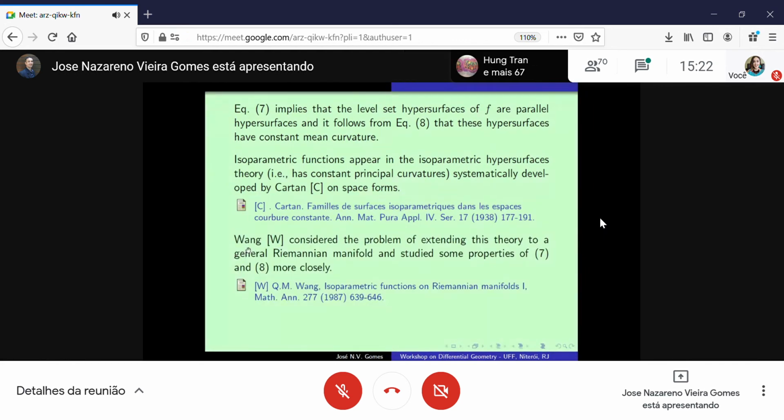More recently, one considered the problem of extending this theory by Cartan to general Riemannian manifolds and studied some properties of 7 and 8 more closely.